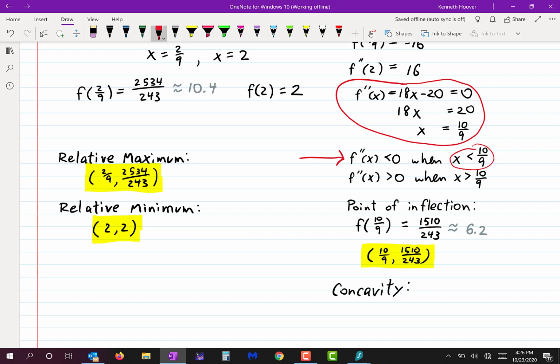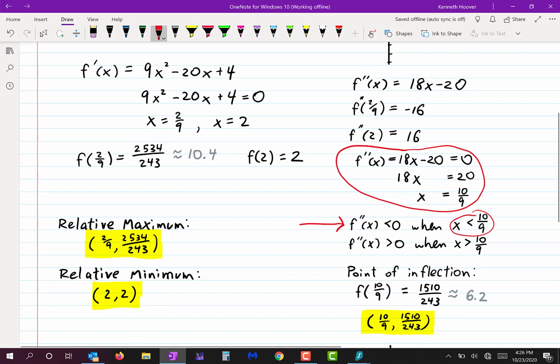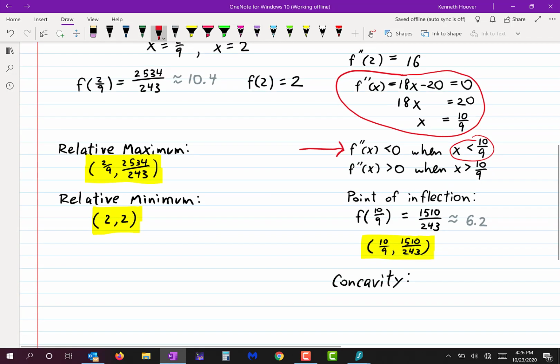All you have to do is take a number smaller than 10/9 and plug it into the second derivative, and you'll find out that it's negative. So that means the graph is concave down on the interval from -infinity up to 10/9.